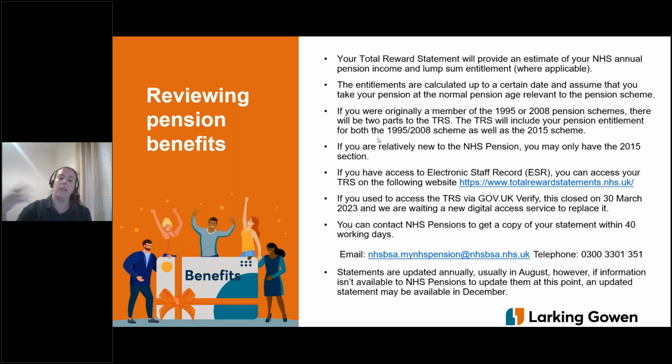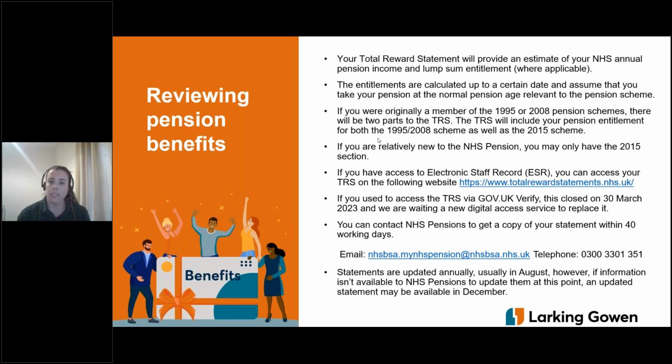So unless you have access to the electronic staff record, it's difficult to get a digital copy now. But it can still be accessed by speaking with NHS Pensions on the phone or emailing them, and we've put the details on the screen.